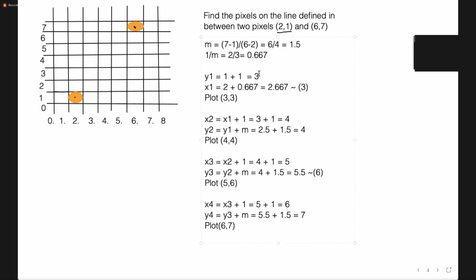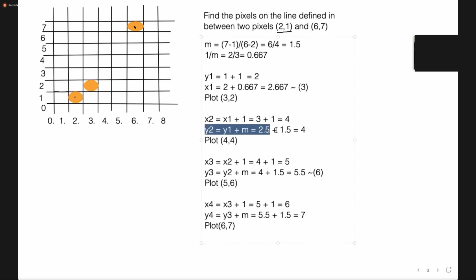This one is 2. 3, 2. Here 3, 2. We have to plot 3, 2. 3, 2 means here. Right.